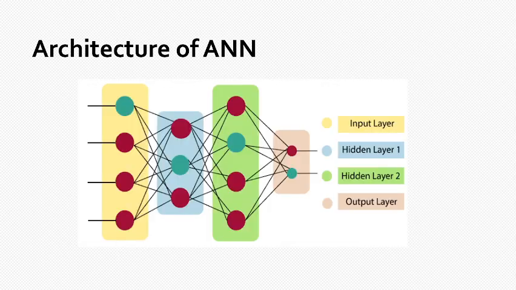We will also show a clearer architecture of the artificial neural network. As I already said, the hidden layers lie between the input and output layers. There is no fixed definition or fixed number of neurons in a hidden layer.